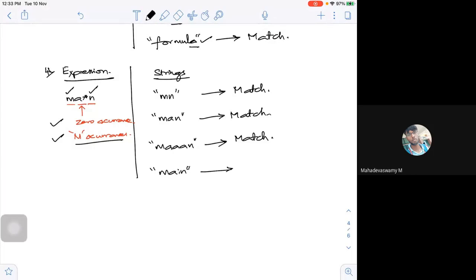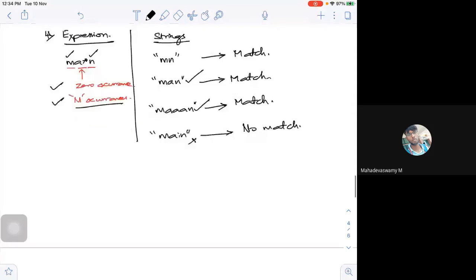So, in front of N, I have I. Even though M, A is there, in front of N, I is there. So, it is not a match. That's why I told you it is difficult to understand. A is not followed by N.